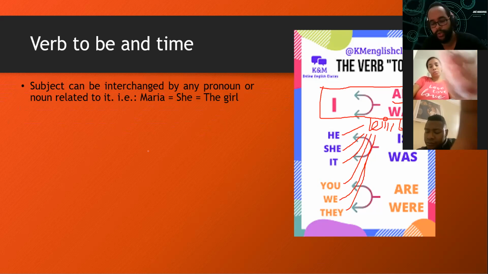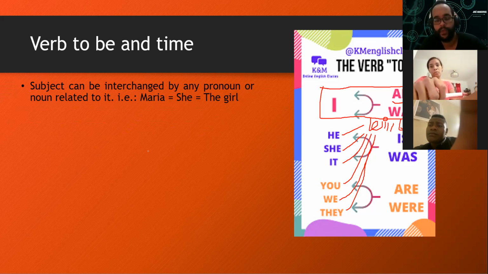So let's practice a little bit. Elizabeth, from previous class, we learned to say our age. We learned to say, I am 34 years old, for example. If you want to say that in past, how would you do it, Elizabeth?